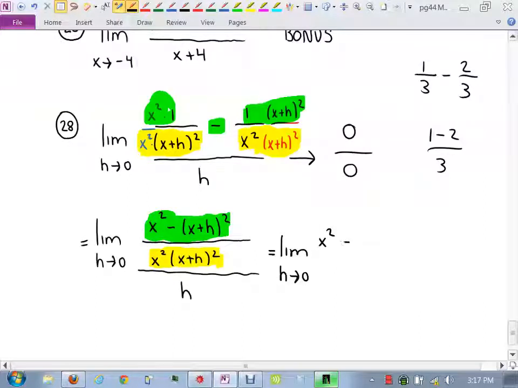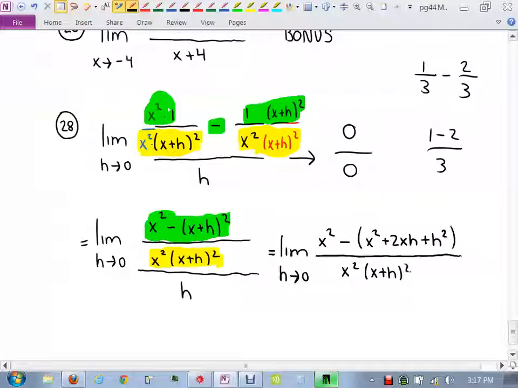Now be careful here. Minus, I'm going to put in parentheses, x squared plus 2xh plus h squared, all over my common denominator, all of it over h.